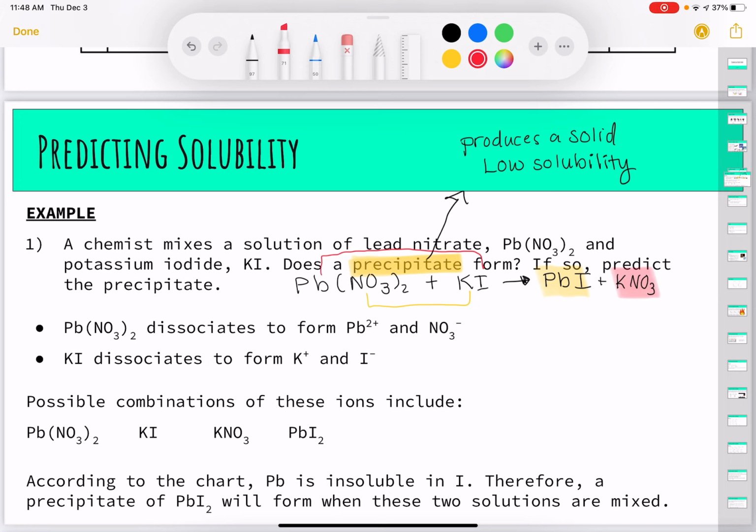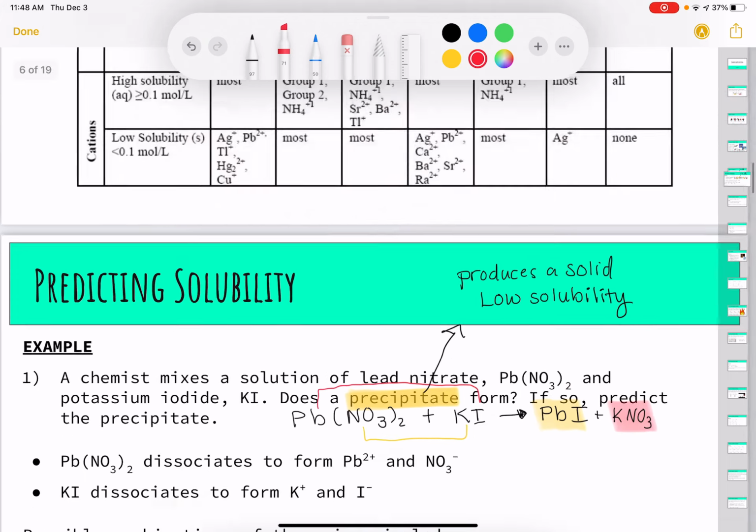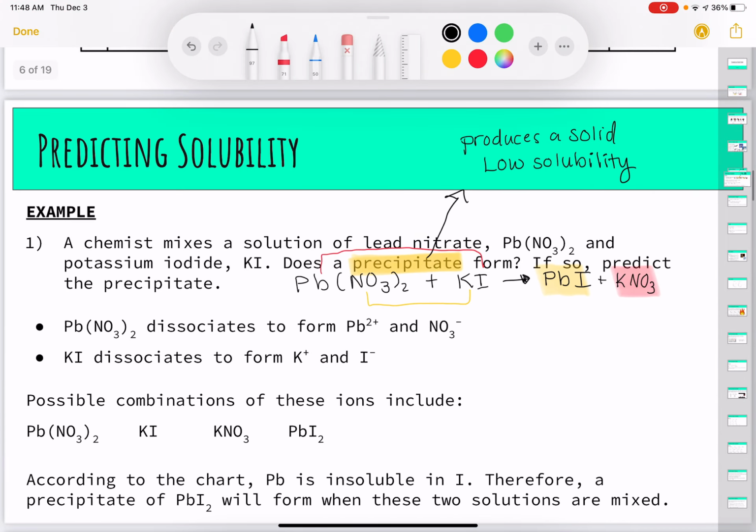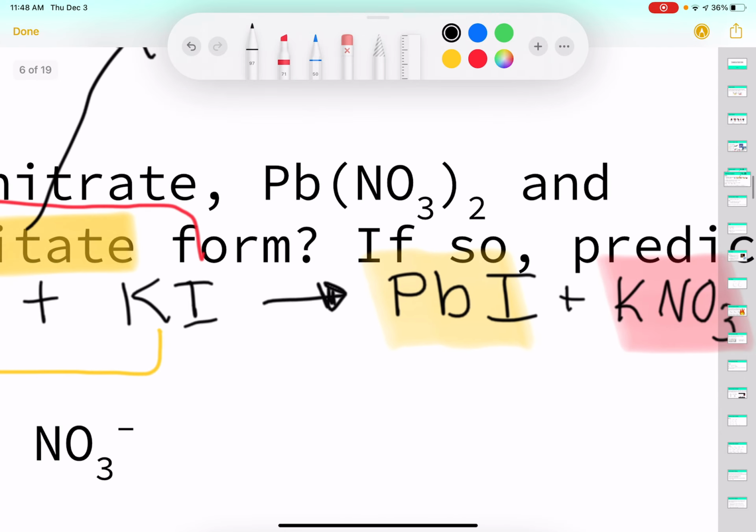Okay, so let's go check PbI. We go back to this table, and you notice that along the top here, we've got anions. So anions are our negatives. If you remember, ants are negative. So we're looking at our anion. For ours, our anion is I. It's iodine.